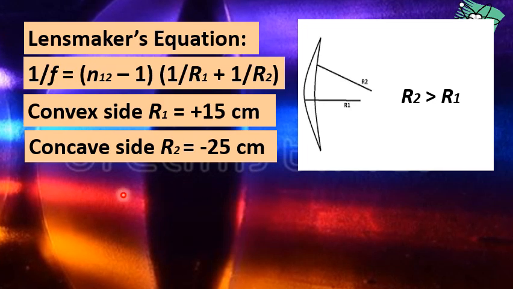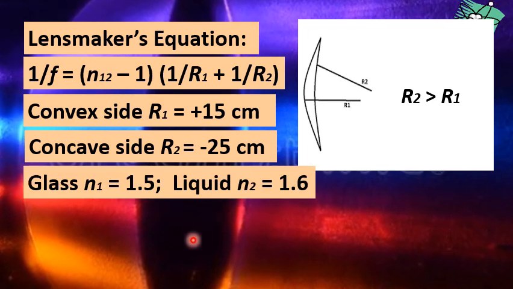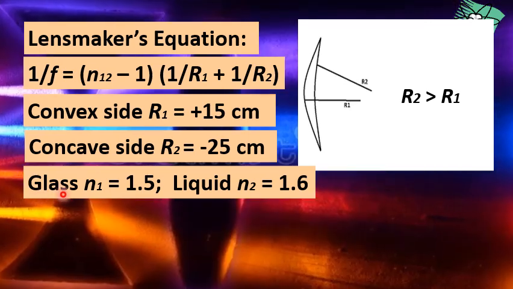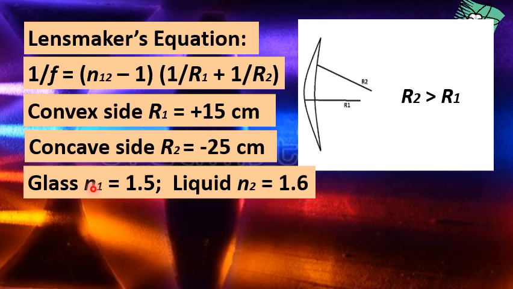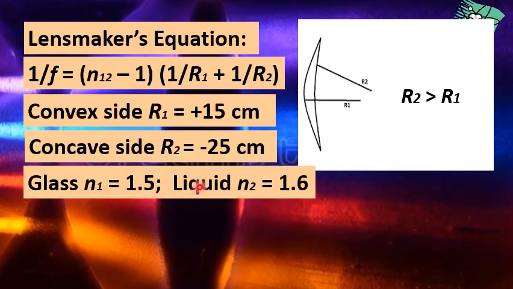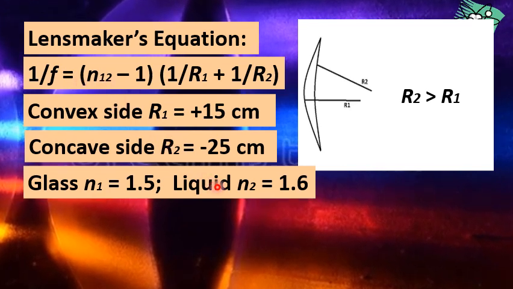In addition, we will also assume that the index of refraction of the lens itself, that is made of glass, denoted by N1, is equal to 1.5, while the surrounding medium is not air.